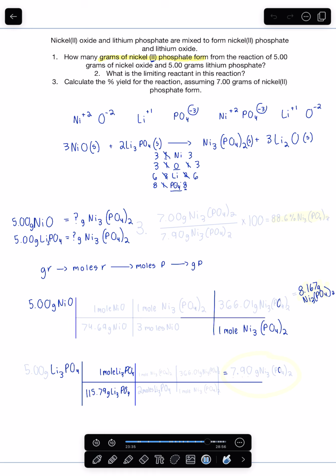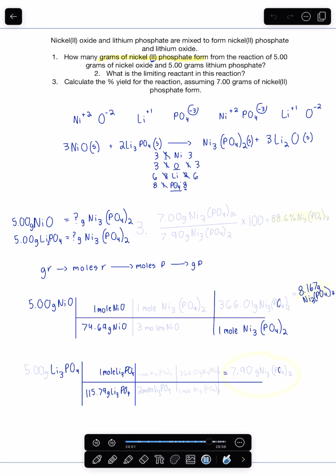And to convert this into moles, we are going to have to use the molar mass. All right, so I calculated that out as 74.69 grams. And again, we're going to use our units in 1 mole of NiO.